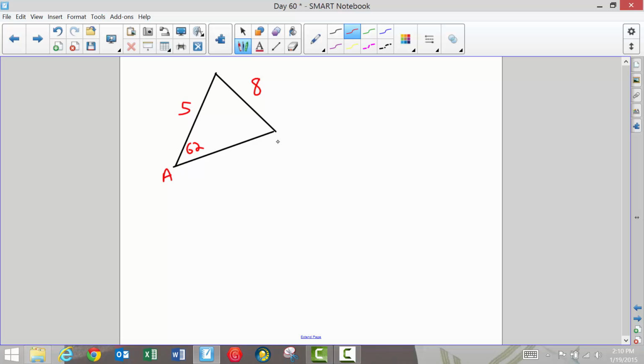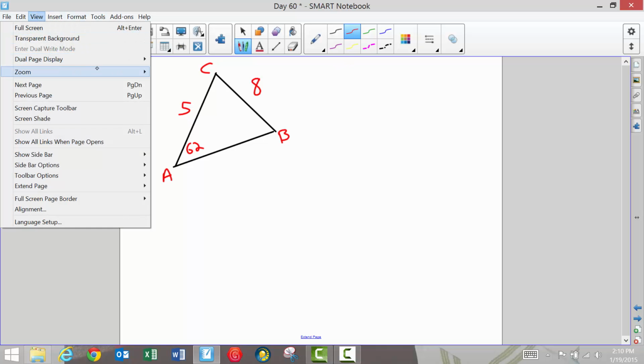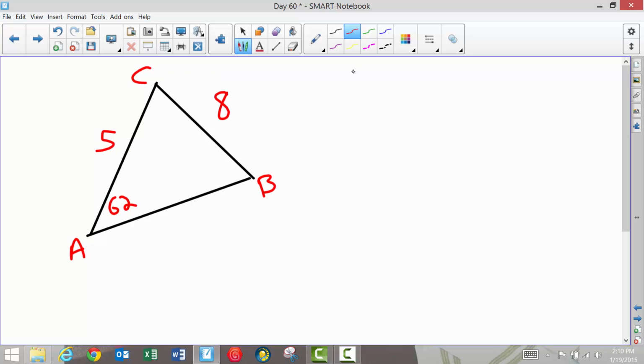So here's A, here's B, here's C. So I have side-side-angle. I'll zoom in. So I know it's law of sines, and I'm going to solve for y and x.